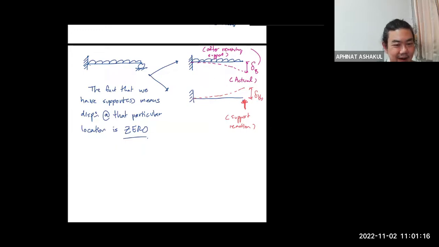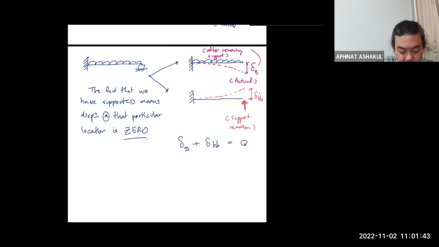Loud and clear. Okay. So if we consider the displacement by the support reaction alone, they too must be equal and opposite, and therefore I can write this equation equal to 0. This is like revisiting what we had before. This is what we call the compatibility equation.